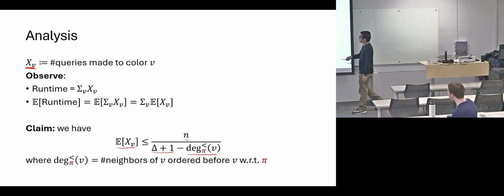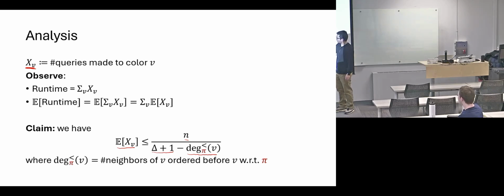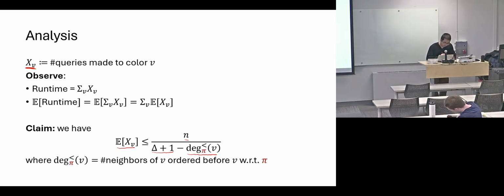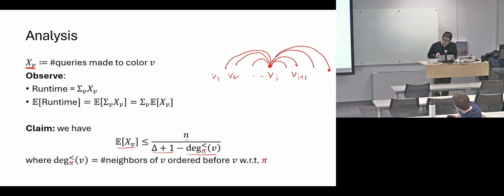Let's call it degree before V. By degree before V, I mean it counts the neighbors of V that are ordered before V. For example, if I have v1, v2, vi, vi plus 1, maybe the degree of vi is right now 7, but here degree before vi is 3.